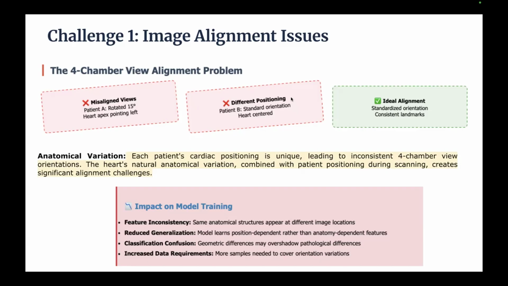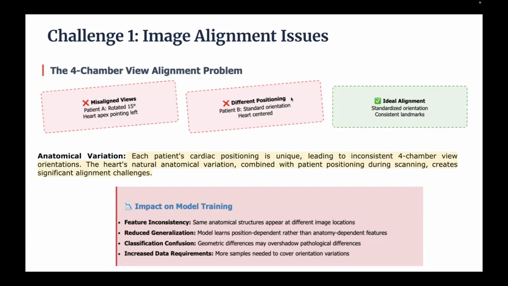So this is the big problem with the alignment problem. For example, as I showed you in that three images stack, if they're misaligned when you're training something, what the model thinks is the heart now is completely in a different location.